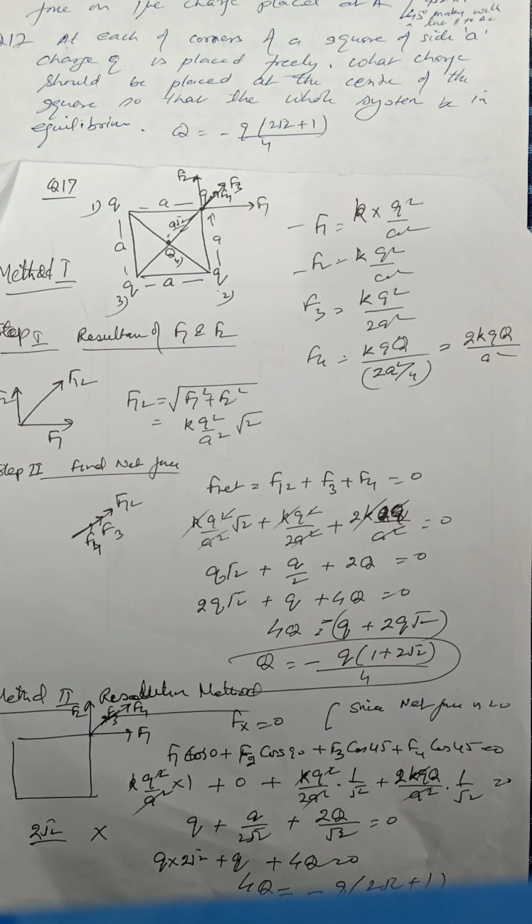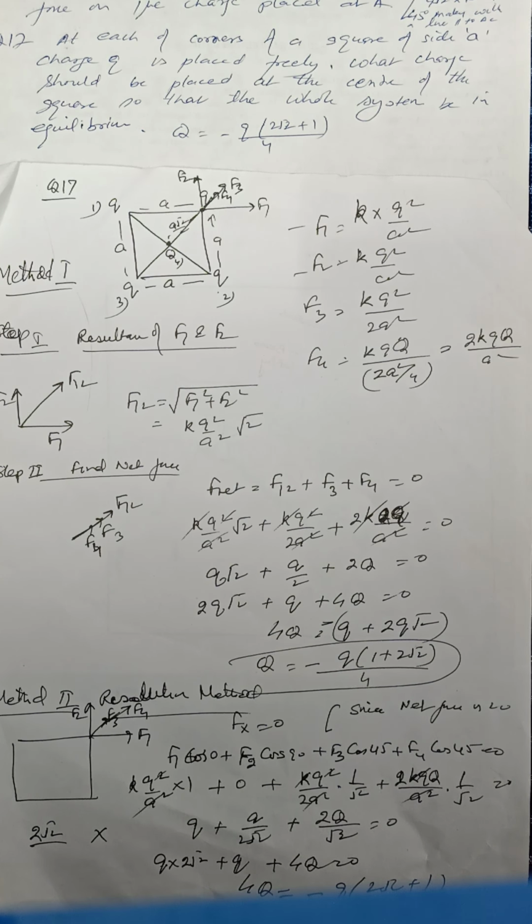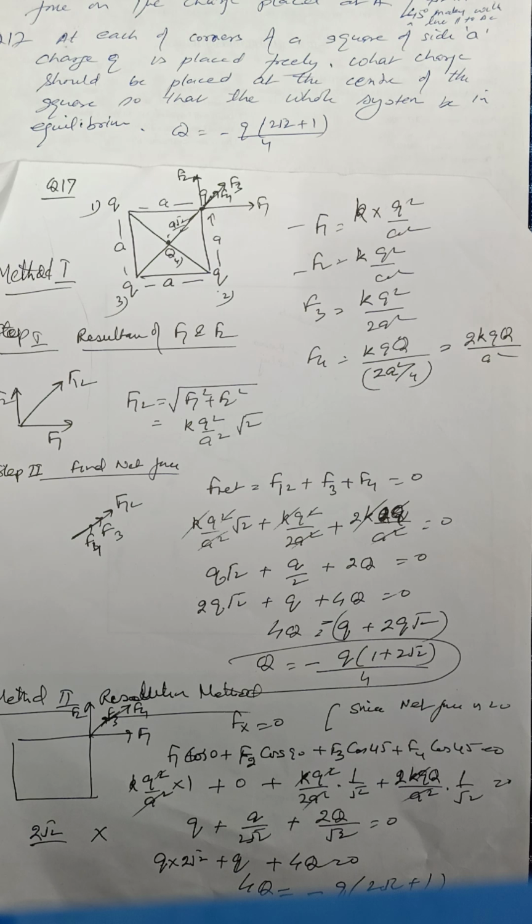The second step is to find the net force. To find the net force, we make a second diagram in which F12 is the resultant of F1 and F2, which we calculated in step 1. F3 and F4 are all in the same direction. When the forces are in the same direction, they can be added directly.